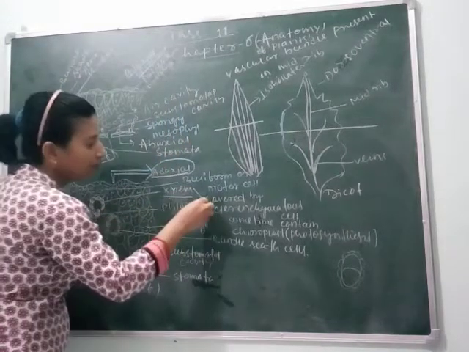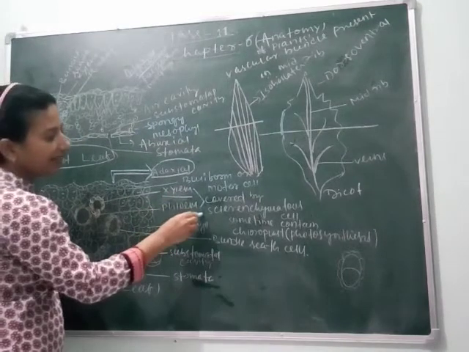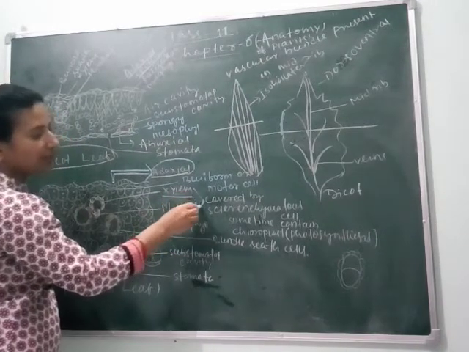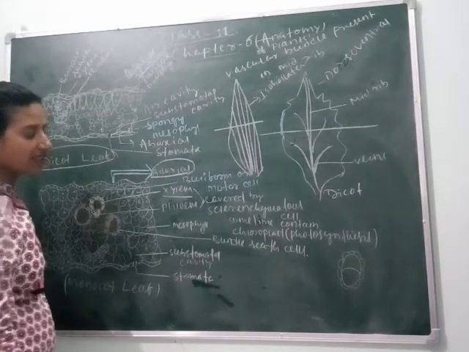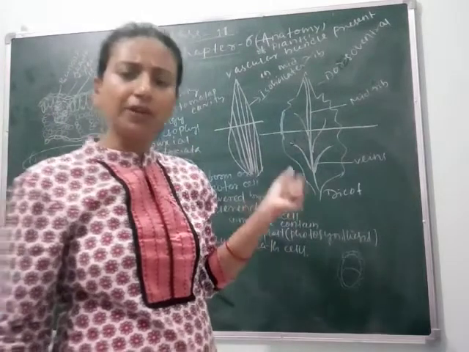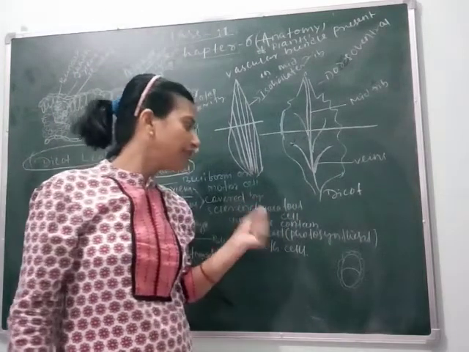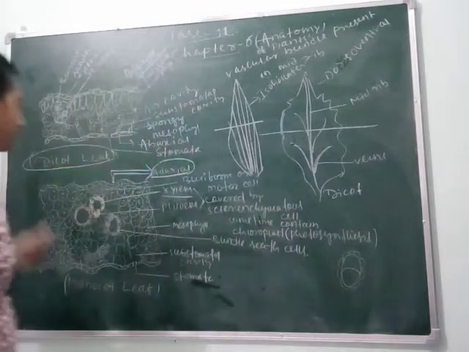So xylem and phloem are covered by bundle sheath cells, and around the vascular bundles there are sclerenchymatous cells, and sometimes they contain the bundle sheath cell which I have told you about. The bundle sheath cell contains chloroplast which helps in photosynthesis.